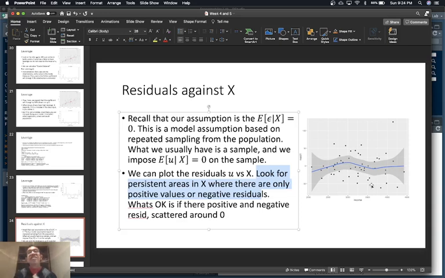There's an underlying pattern in the residuals that are being affected by other variables, which are also related to the variables that you've got here. What you want really is an even spread of dots over the entire X.